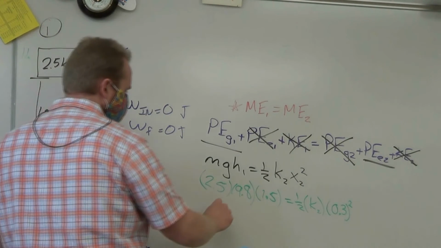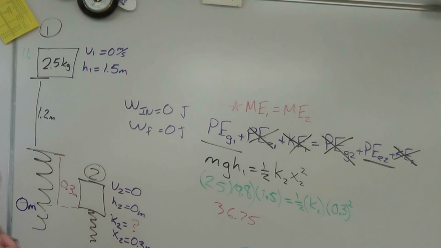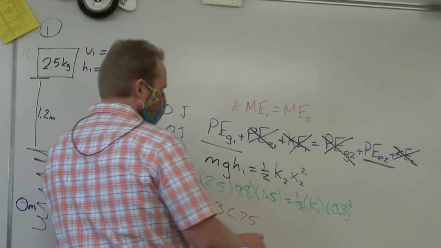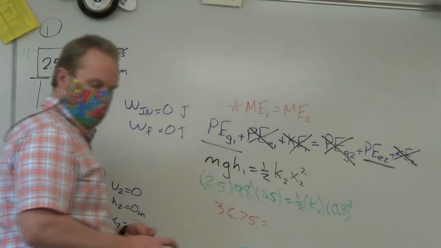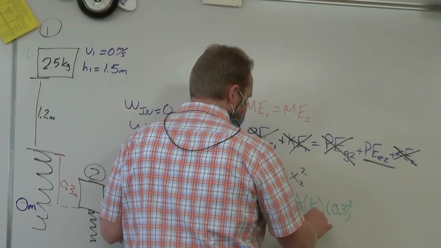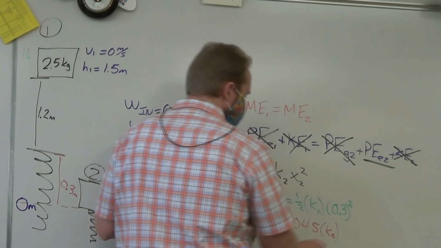So 36.75 is what we get on the left-hand side when we multiply 2.5 times 9.8 times 1.5. And that's set equal to 0.045 K2.